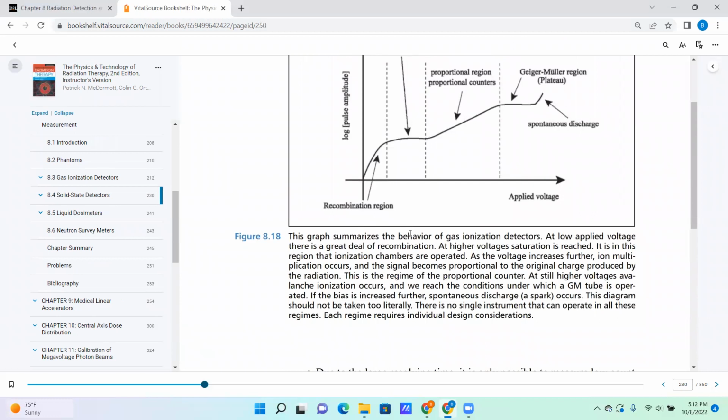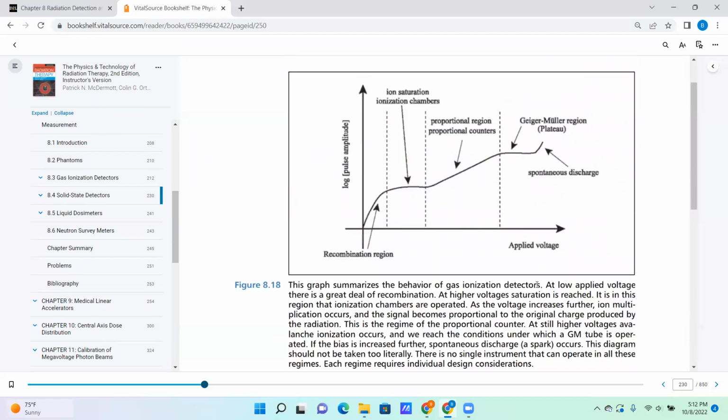This graph right here just summarizes the behavior of gas ionization detectors. At low applied voltage, there's a great deal of recombination. At higher voltages, saturation is reached. In this region, the ionization chambers are operated.